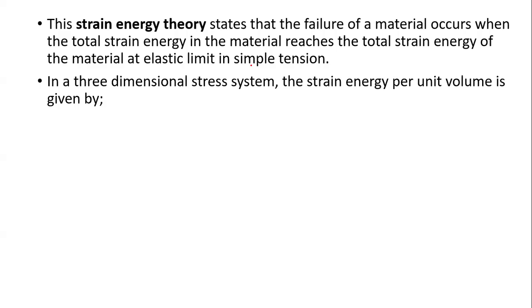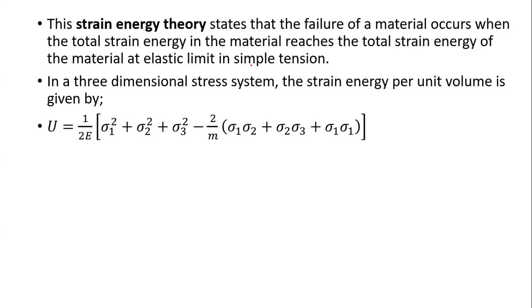Now, in this analysis, you've noticed that we've been talking about three stresses, taking us to a three-dimensional stress system. So in this case, we use this standard expression where U represents the energy. Then U is equal to 1 over 2E, where E is the Young's modulus.